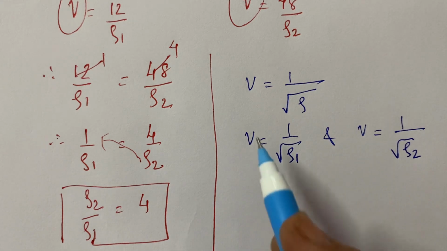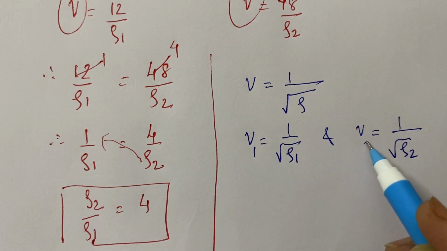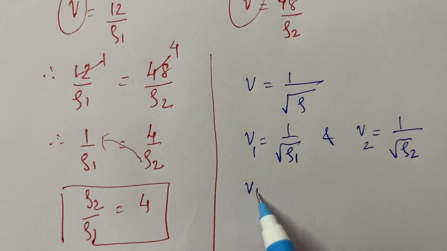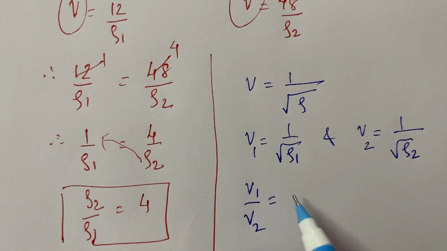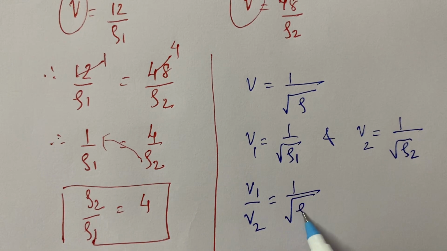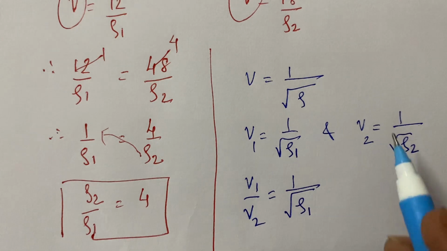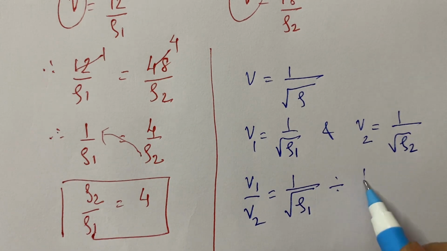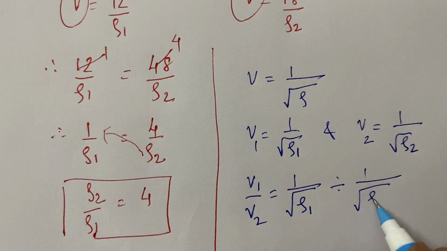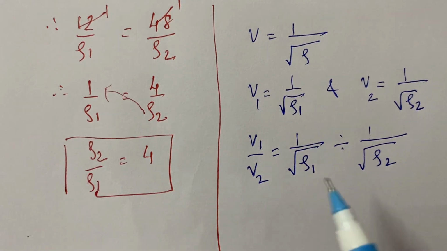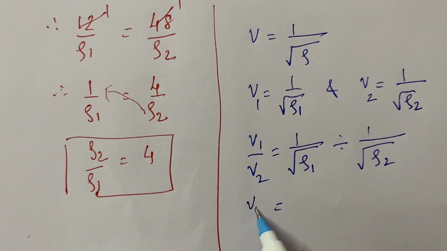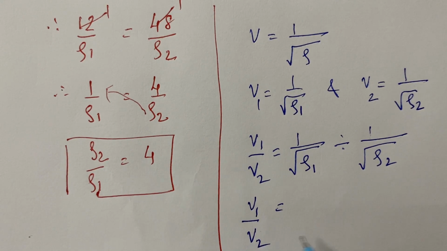Now if we divide, if we are considering V1 and V2, okay, so what will be V1 upon V2? It will be 1 upon square root of density of the first divided by 1 upon square root of density of the second. Division है, तो division will change into multiplication with the reciprocal of the second one.